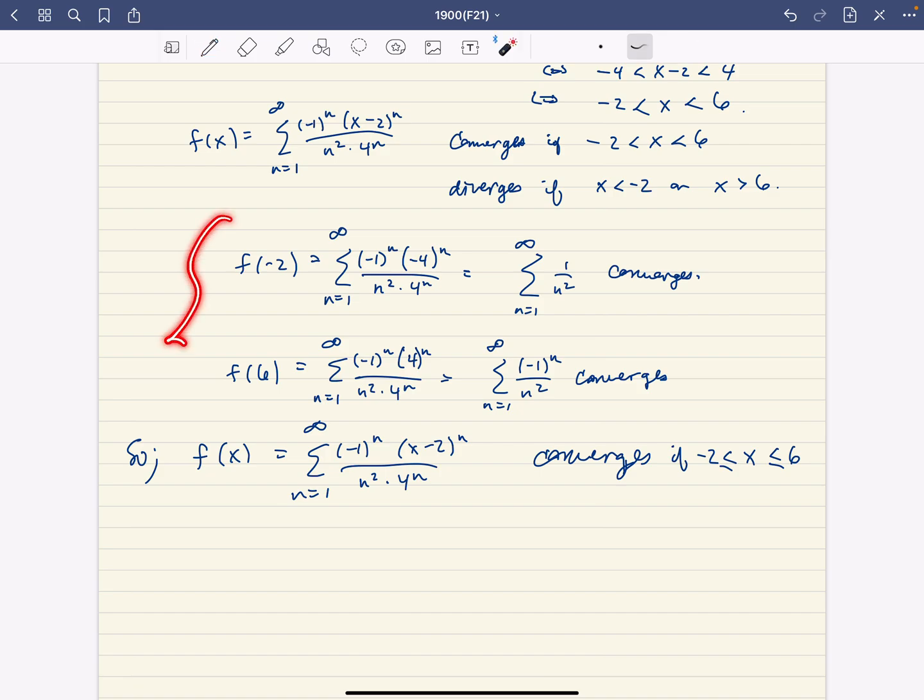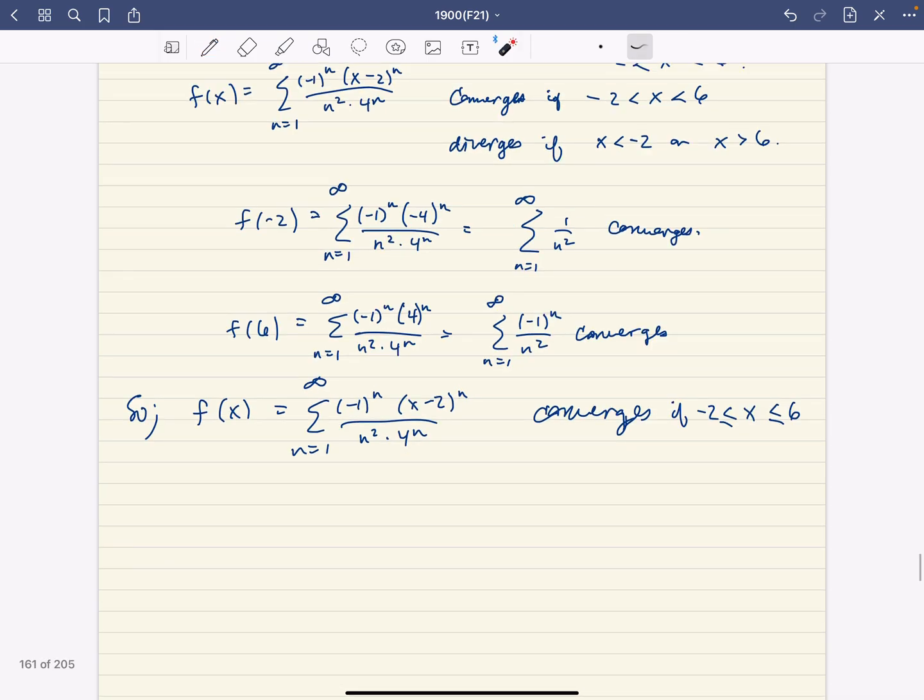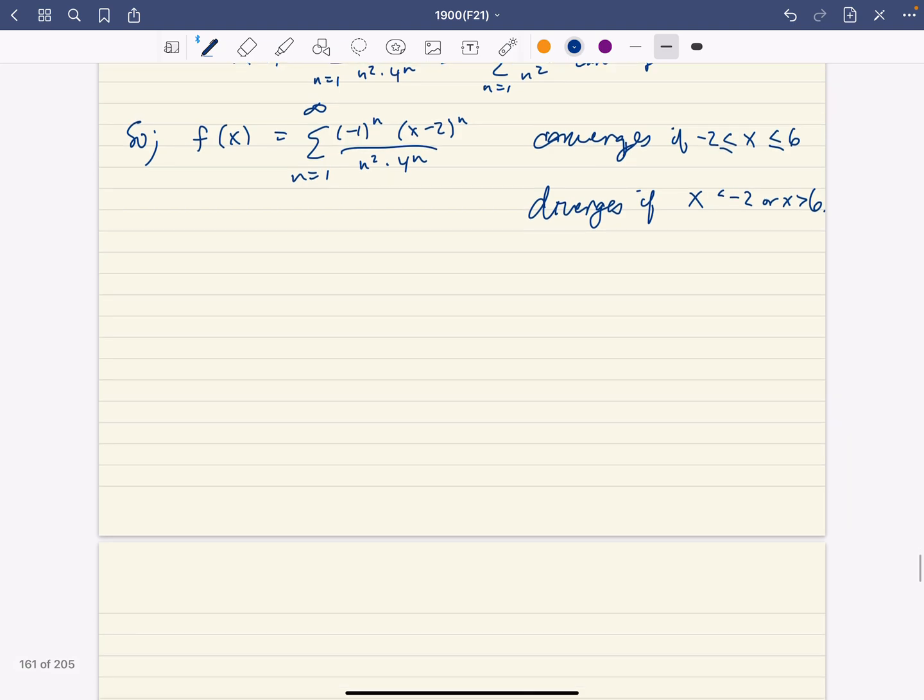So that's what we just did here. So it converges there, and it diverges otherwise. So it diverges if x is strictly less than negative 2 or strictly greater than 6. Okay, so there's a little bit more work that we had to do there.